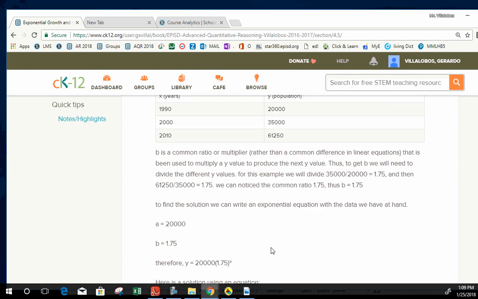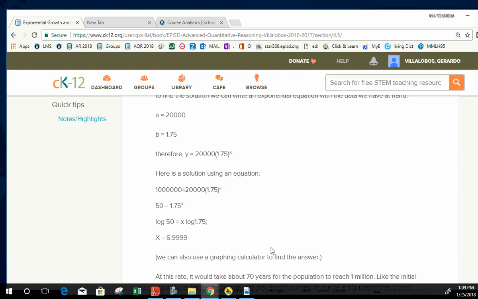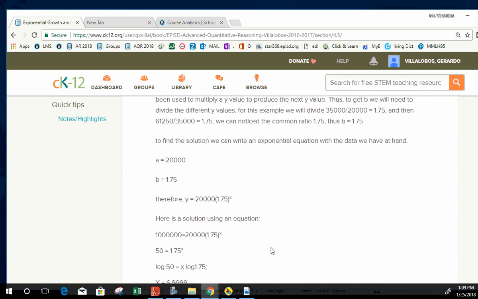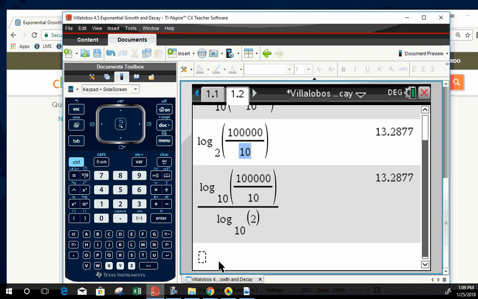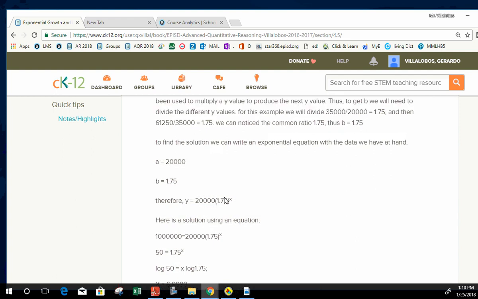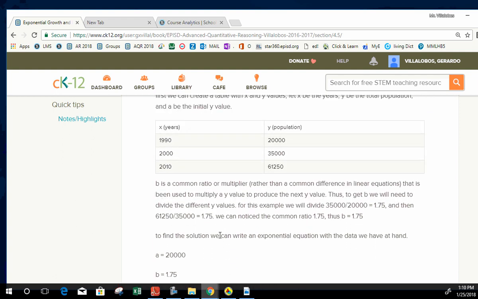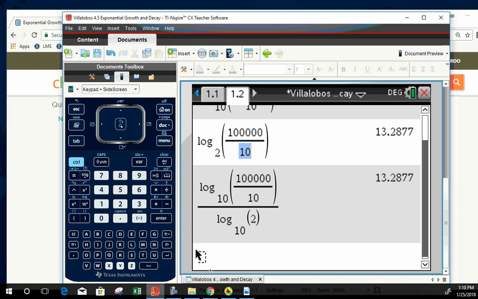So, you can solve the math like so, or let's think about it here. So you started with how many? Let's see. 20,000, and growing by 1.75. So you take the log, and you want to get to 1 million, that's 6 zeros. 3, 4, 5, 6, starting with 20,000.